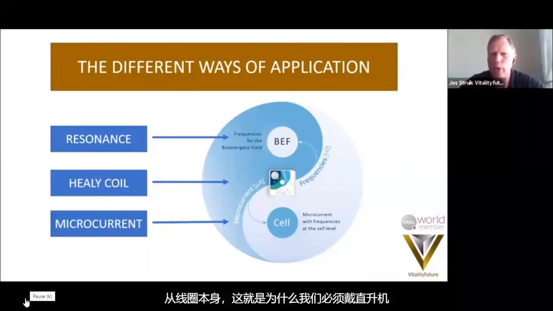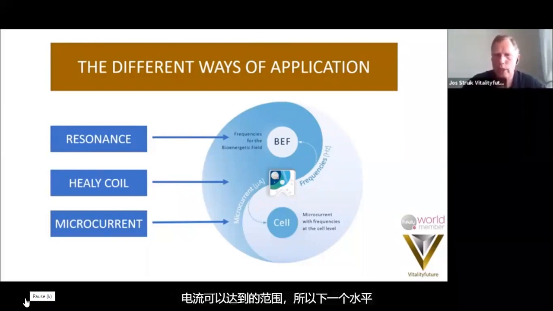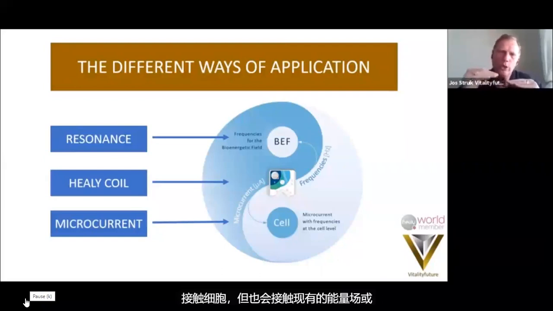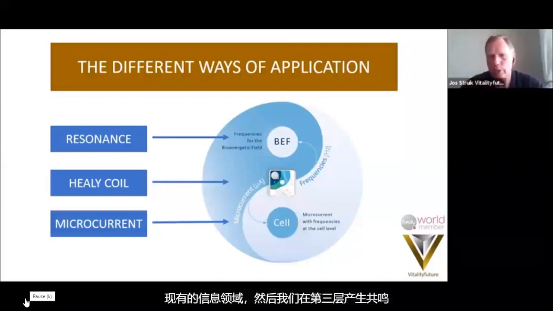And that is also why we have to wear the Healy close to our body with the coil, because it has a limited range that the current can go to. So the next level above the microcurrent is that we send currents into the body that will touch the cells, but it will also touch the existing energy field or the existing information field.